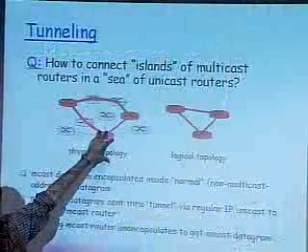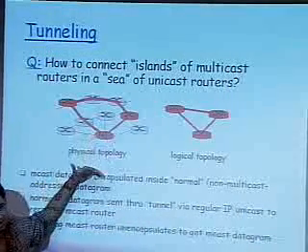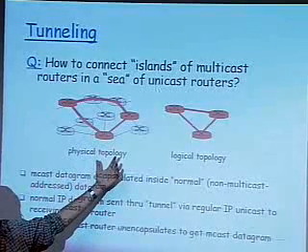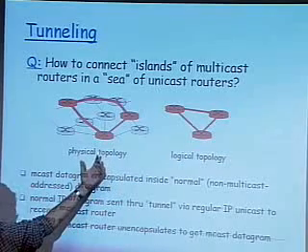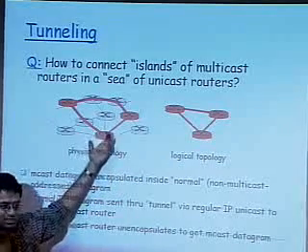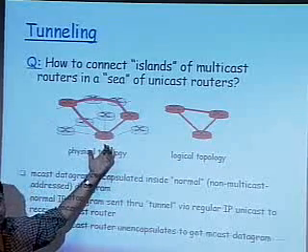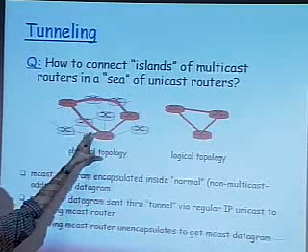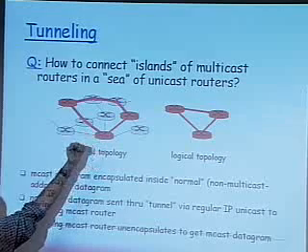Let's assume that all of them are IPv4 routers. But even within IPv4 routers, some routers understand multicast, some do not. In the previous example of tunneling, we saw some routers that understood IPv6 and some did not. So replace IPv6 in that example by multicast, and it's the same concept.